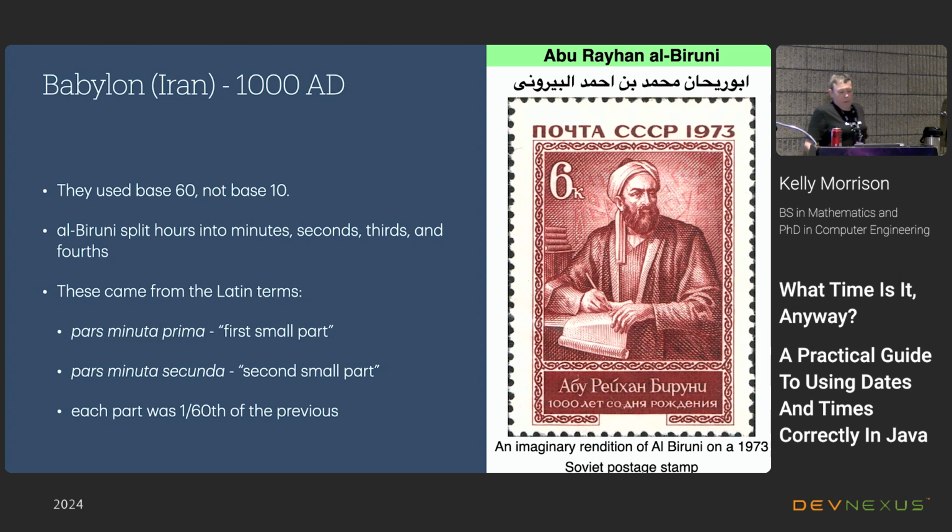So, and again, they were using base 60. So every time they broke one of these down, they broke it by 60ths. So they broke an hour into 60 minutes. They broke a minute into 60 seconds. They broke a second into 60 thirds, and they broke a third into 60 fourths. So it's getting down pretty small, because a fourth is 1/3600th of a second.